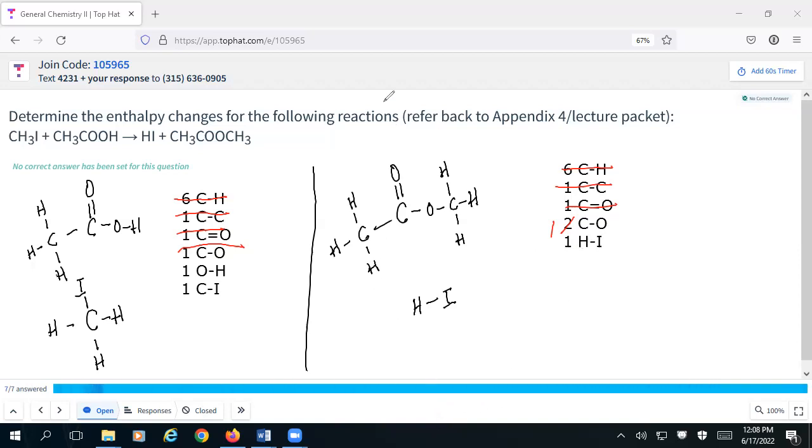So when it comes down to it, oxygen to hydrogen is 464 kilojoules. And carbon to iodine is 238.